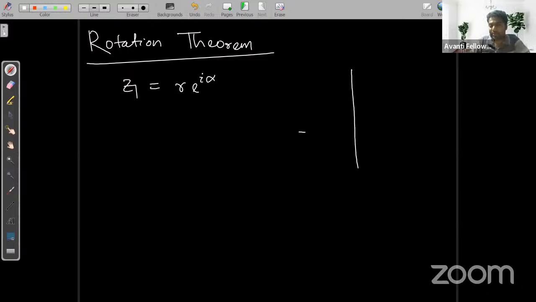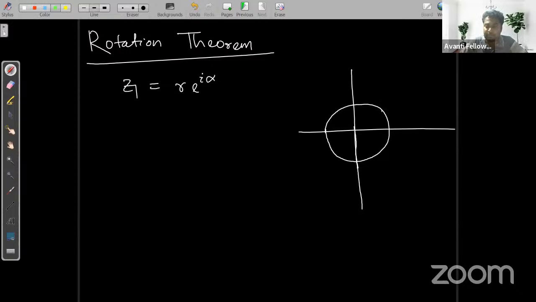Yes, we can, because we have the argument also. Suppose we have a circle here, and this point is Z1. That means the argument of Z1 is alpha, so this angle is alpha, and the radius is R.